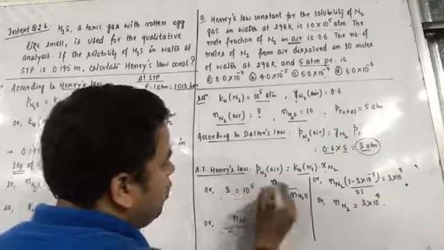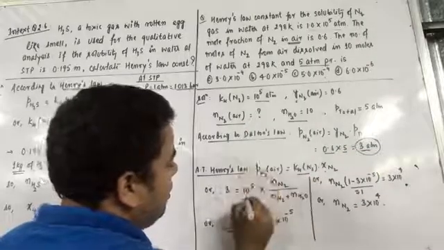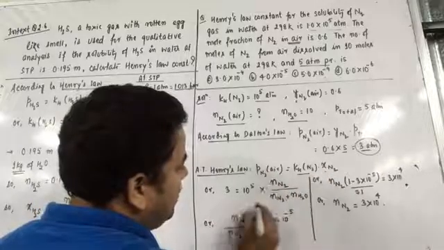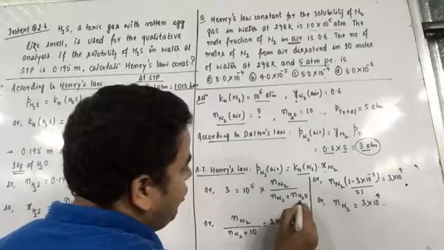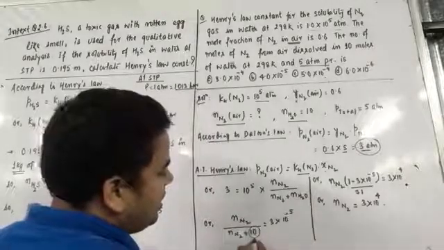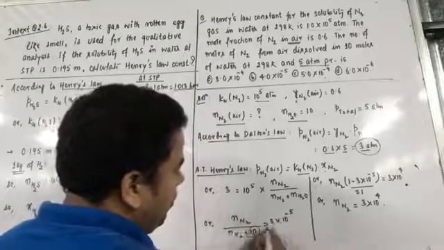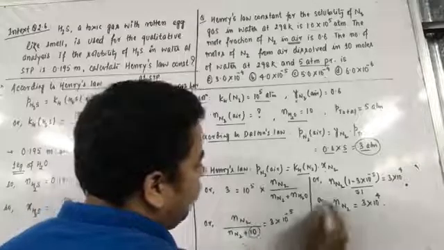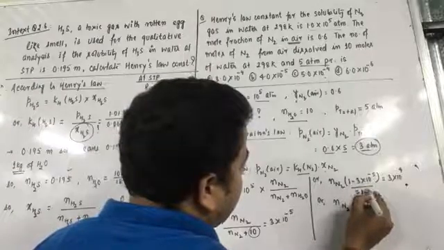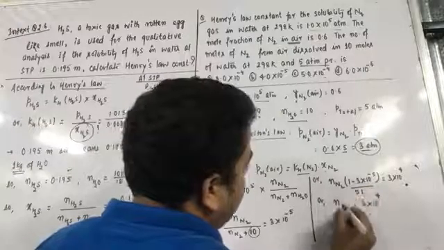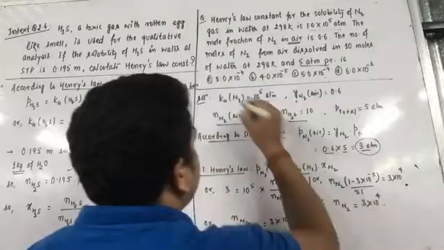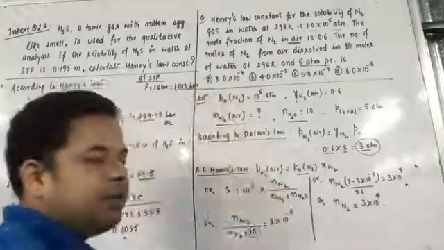So 3 is equal to the value of KH, given as 10 to the power 5, times mole fraction of nitrogen gas, which is number of moles of nitrogen gas divided by number of moles of nitrogen plus number of moles of water. Number of moles of water is given as 10. Now when we cross multiply, we are getting this form. So 1 minus 3 into 10 to the power minus 5 can be taken as 1. So number of moles of nitrogen is equal to 3 into 10 to the power 4. So option number A is correct here.